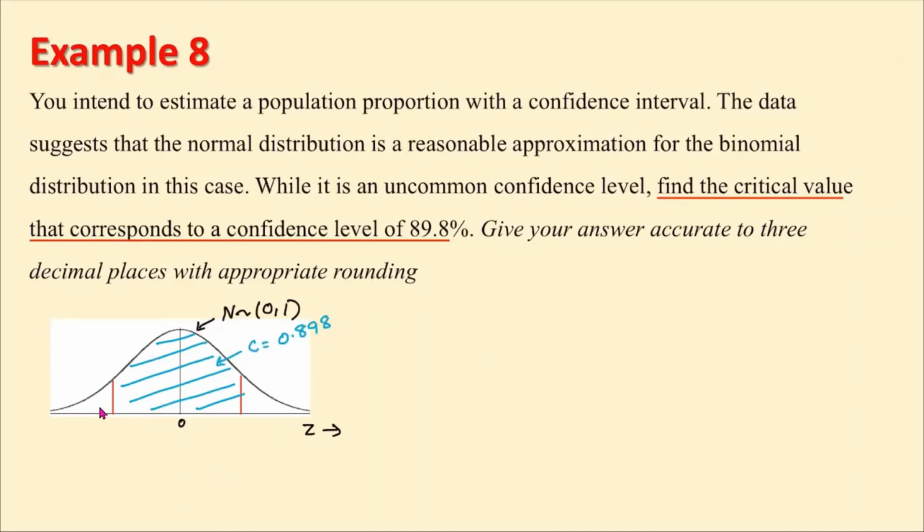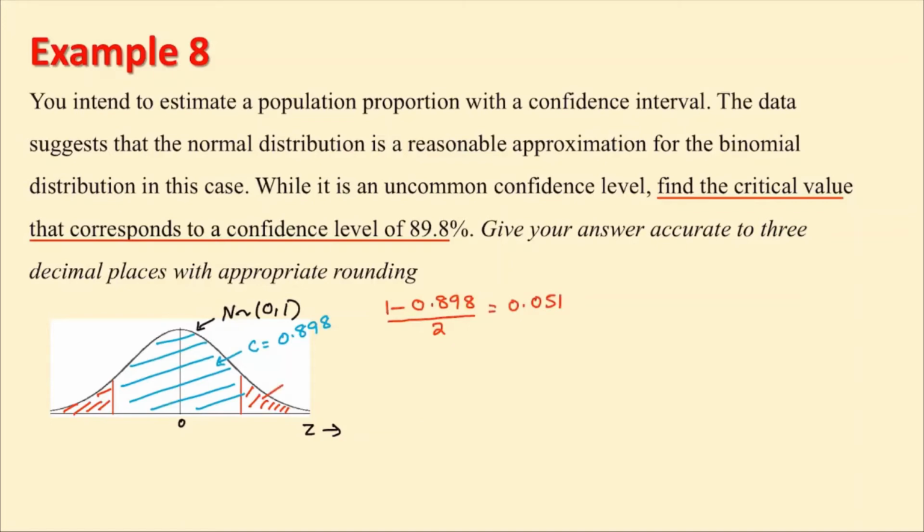Now we need to find the area in the tail. The area in the tail is the remaining area. That is, if you subtract from 1, so 1 minus 0.898, and divide that result by 2, you will get 0.051.